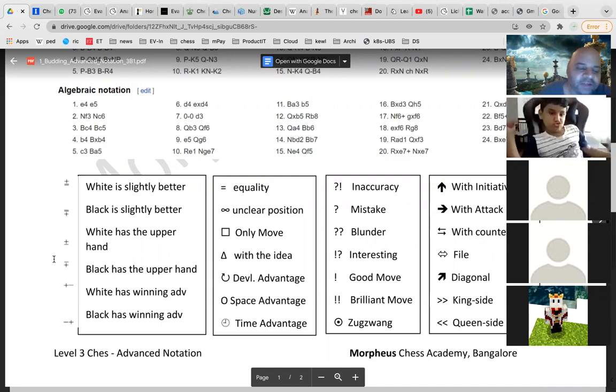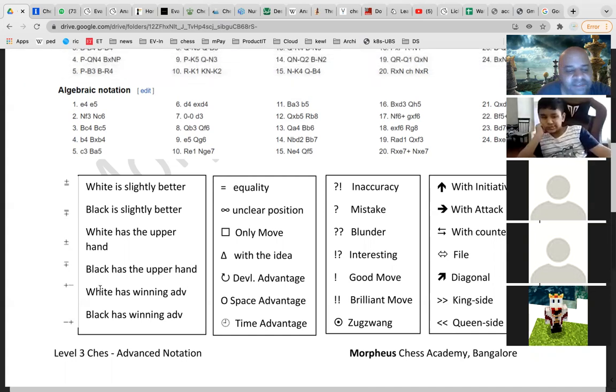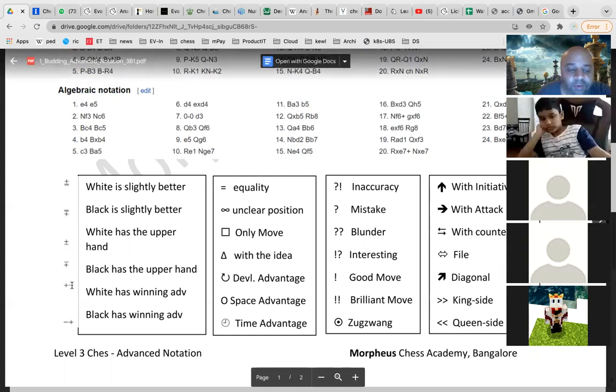If white is clearly better, not slightly better, it is written with plus over the minus sign. Then white has the upper hand, meaning a definite advantage. If it is reversed, with minus over plus, black has the upper hand. If plus is followed by minus, that means white has a winning advantage.